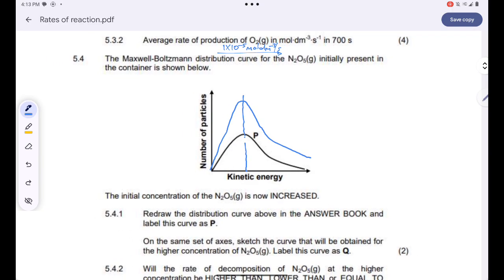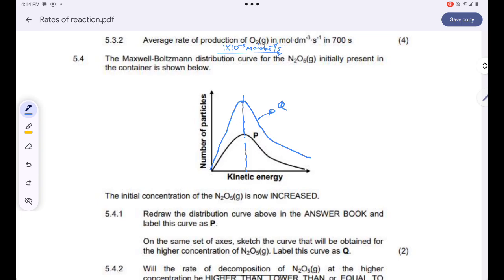Okay. Firstly, they want us to redraw the distribution curve above in the answer book and label it as curve P, and then on the same set of axes, sketch the curve that will be obtained for the higher concentration, and label it Q. This over here will be labeled Q. It will have a higher peak.